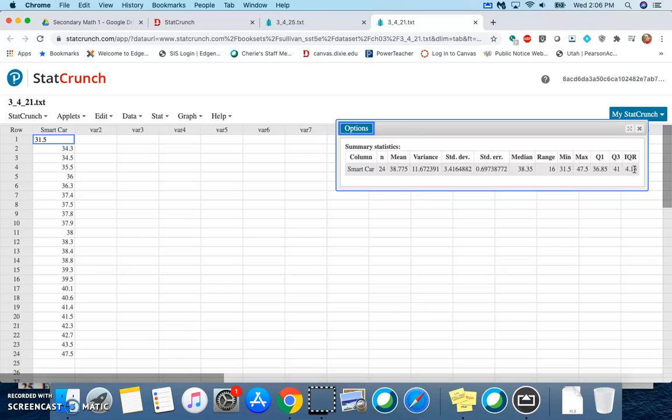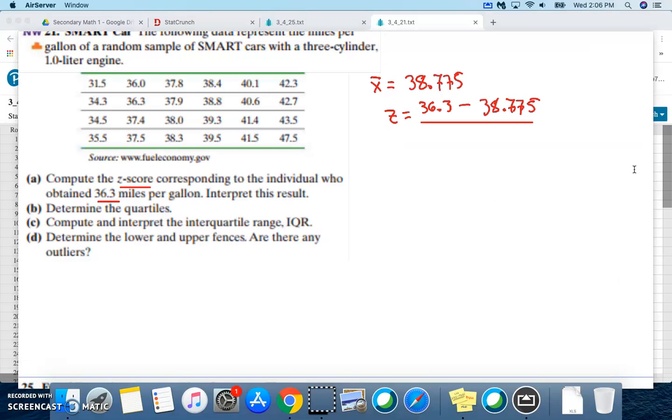To find the z-score of 36.3, I take 36.3 minus that mean, 38.775, and divide it by our standard deviation, which is 3.416.